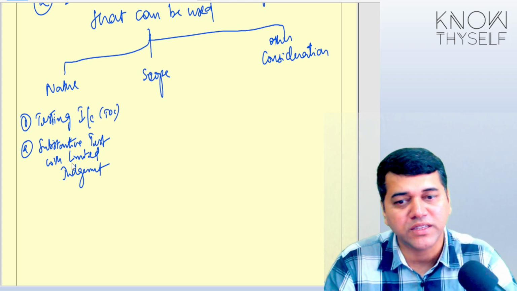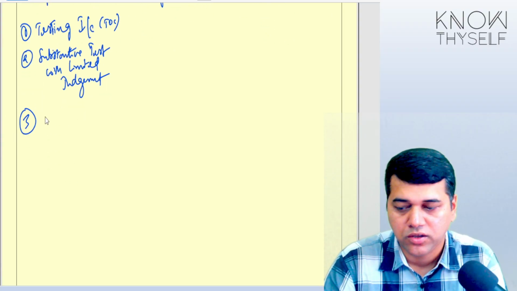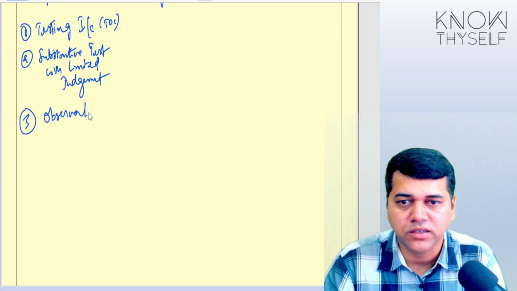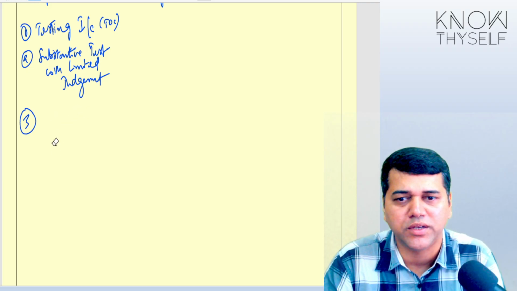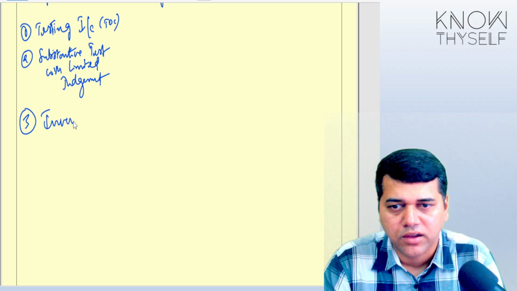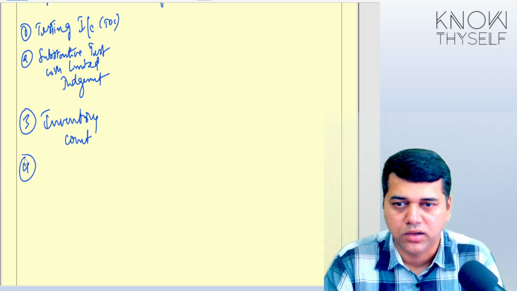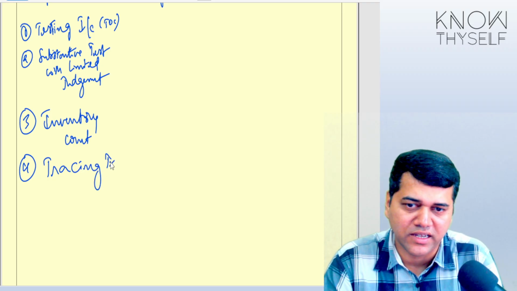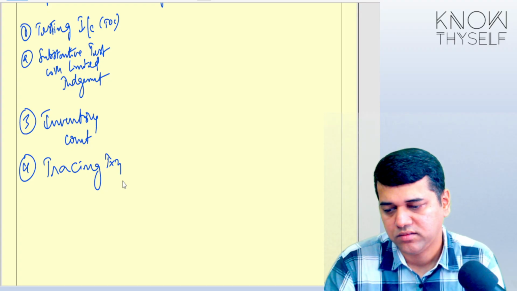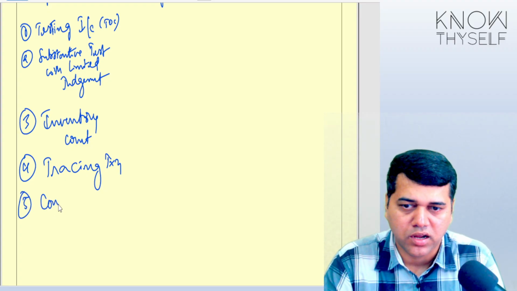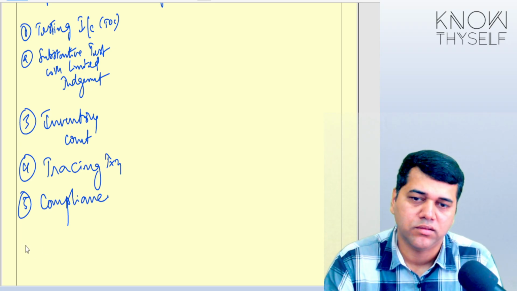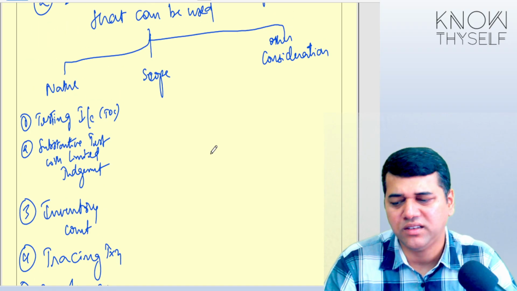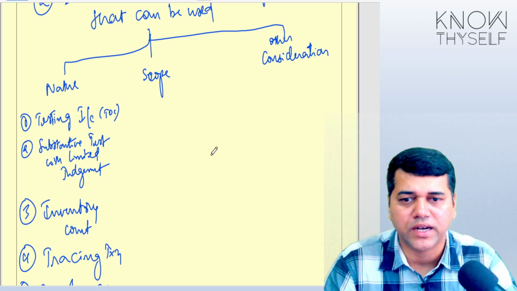Substantive test also you can use them, but with the limited judgments. Third, observation of inventory, or I can say inventory count. I can write tracing transaction. Compliance, you can use their work. Okay, and review of the subsidiary. Yeah, these are all the 5 points you can write.